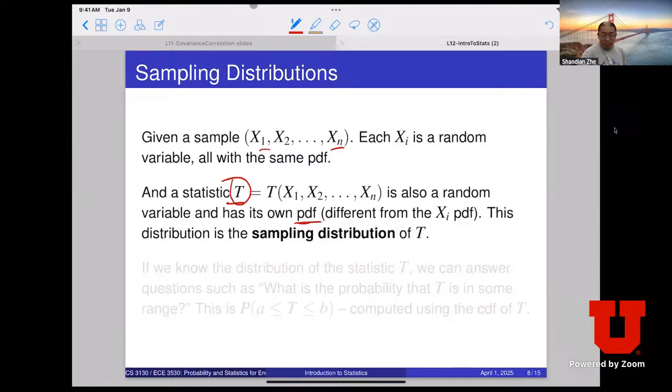Why? Because T is a function of these n random variables, right? It aggregates all the information across these n random variables and does some kind of transformation. For example, you take an average, or you do some variance calculation.